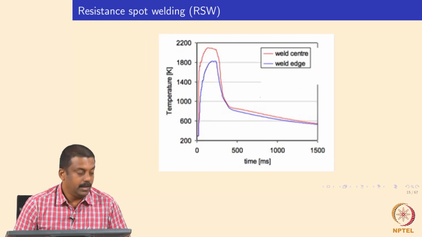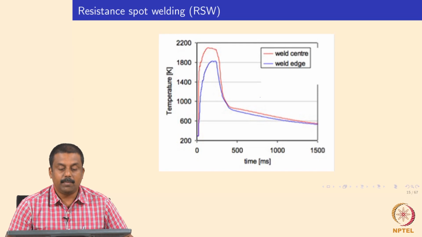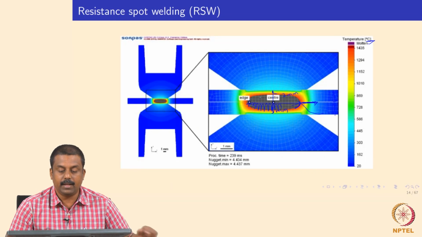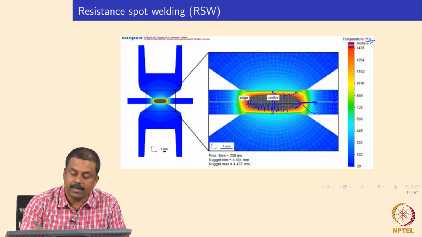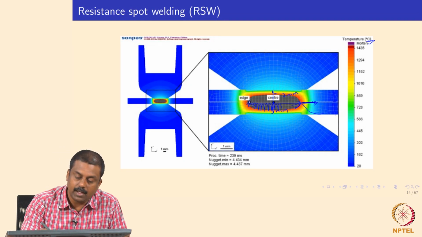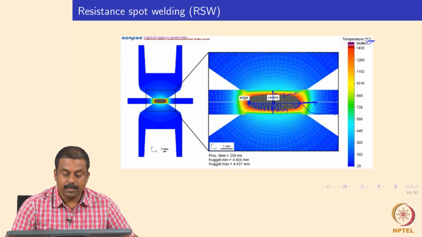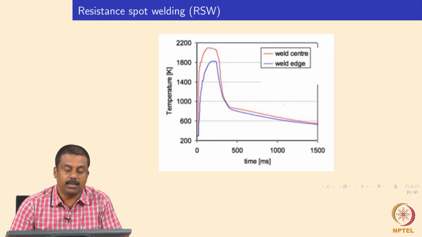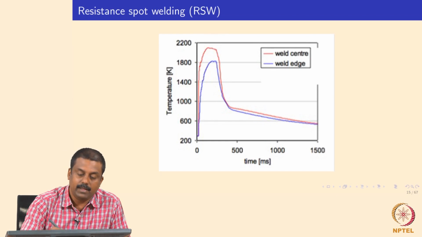If you look at the actual thermal cycle extracted from the previous diagram, say at the center and the edge of the weld nugget, a typical weld thermal cycle looks like this: weld center, and weld edge at the fusion boundary.